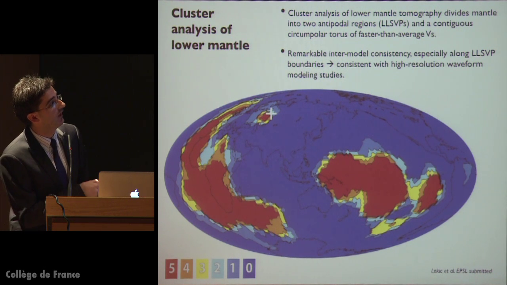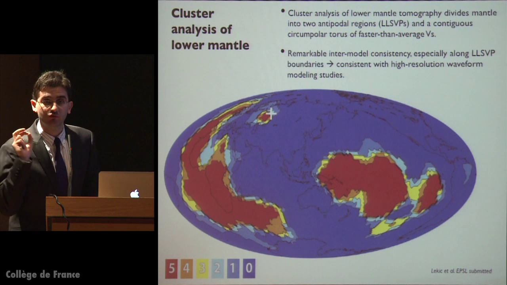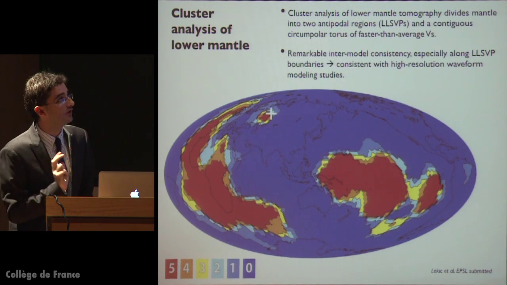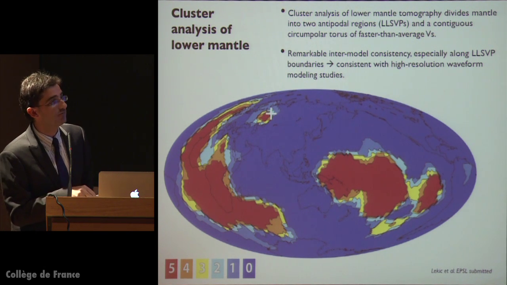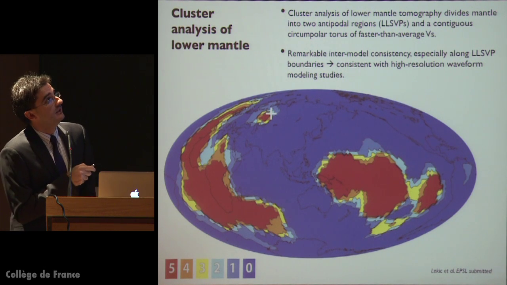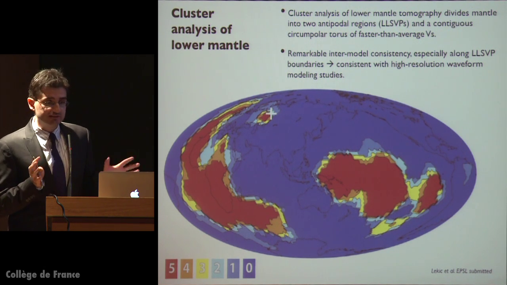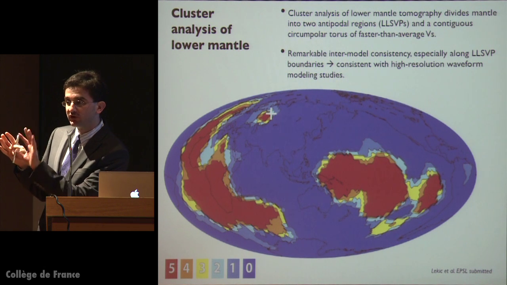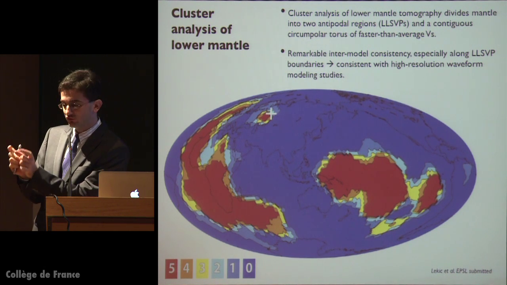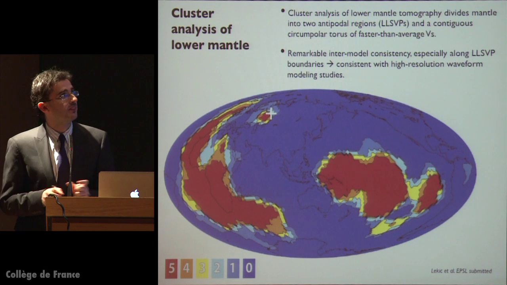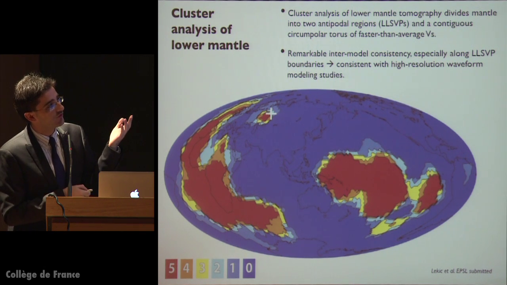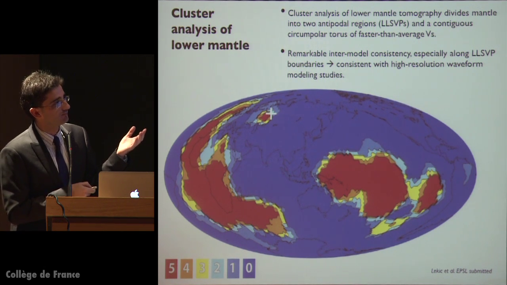Here I allow the formation of 2 clusters in the lower mantle, and I'm analyzing 5 different models. So if you do this clustering, you group all the profiles that look similar into 2 groups, and you plot the geographic extents of those groups.